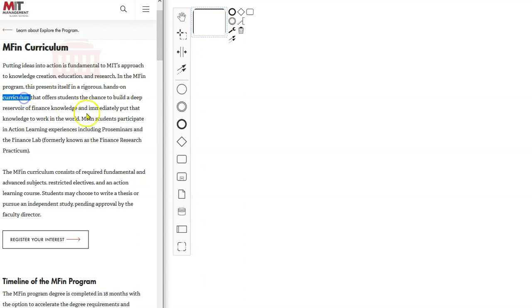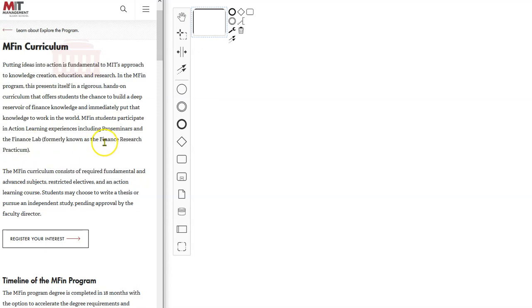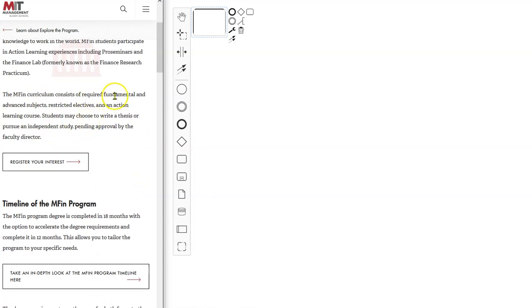Rigorous, hands-on curriculum, finance knowledge, pro seminar, I don't know what that is, finance lab, finance research practicum, required fundamental and advanced subjects, electives, thesis.